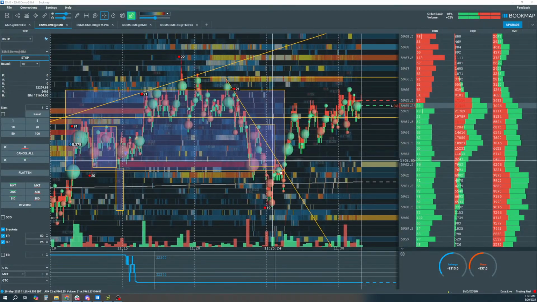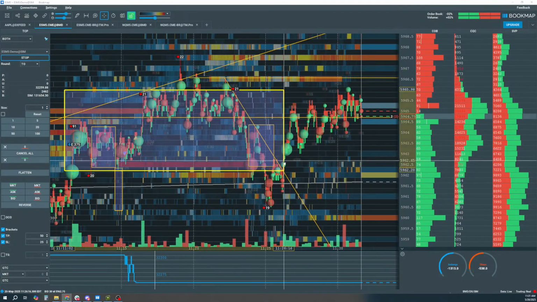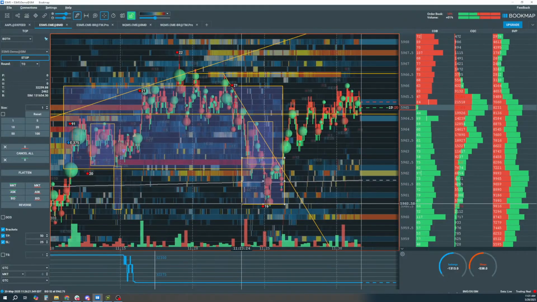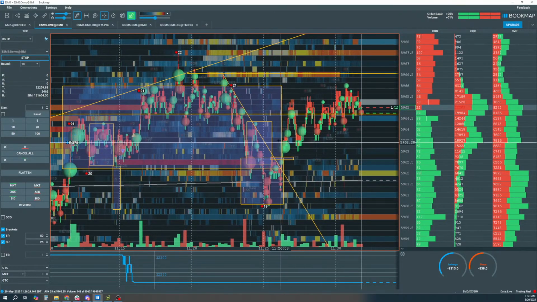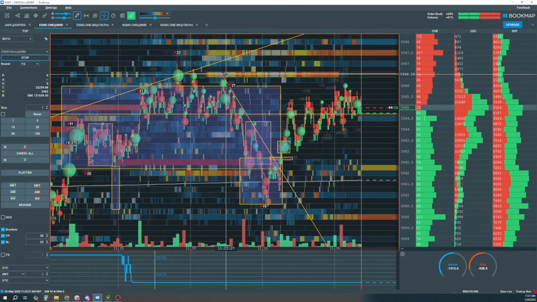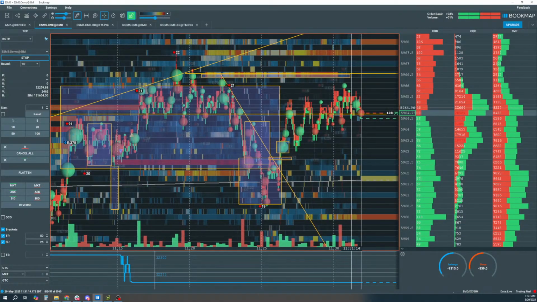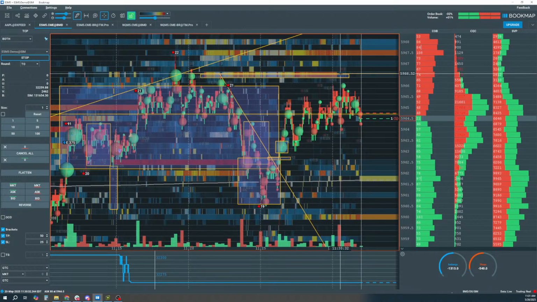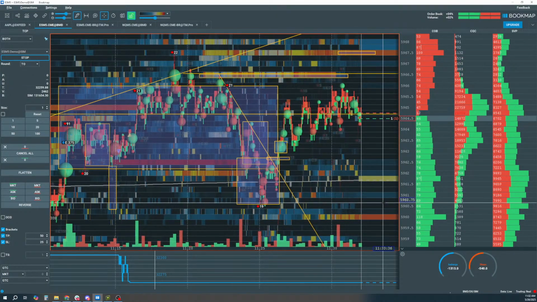Not only is the diagonal broken, but this horizontal area is broken as well. You can see this little pullback, and that's where we broke out from. That's when you know. Then you start to target some of these areas up here, which we haven't gotten to yet. Now they pulled that liquidity, so it might even come up to 67.50.